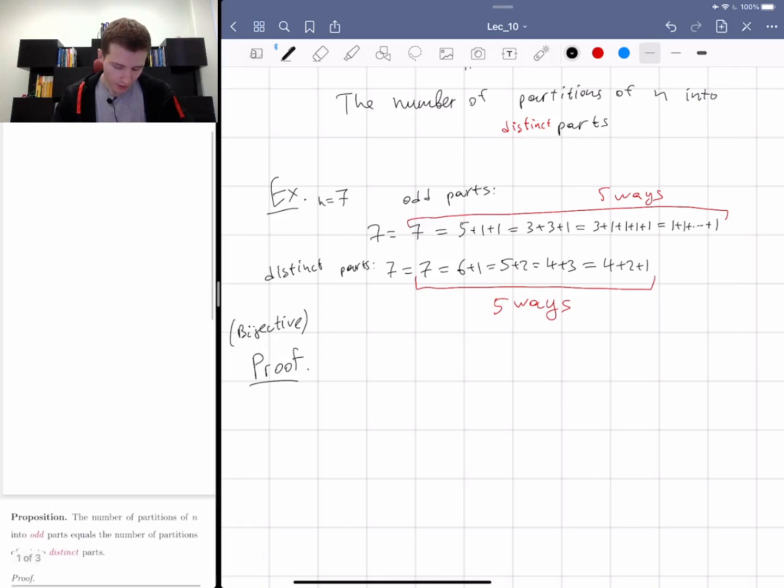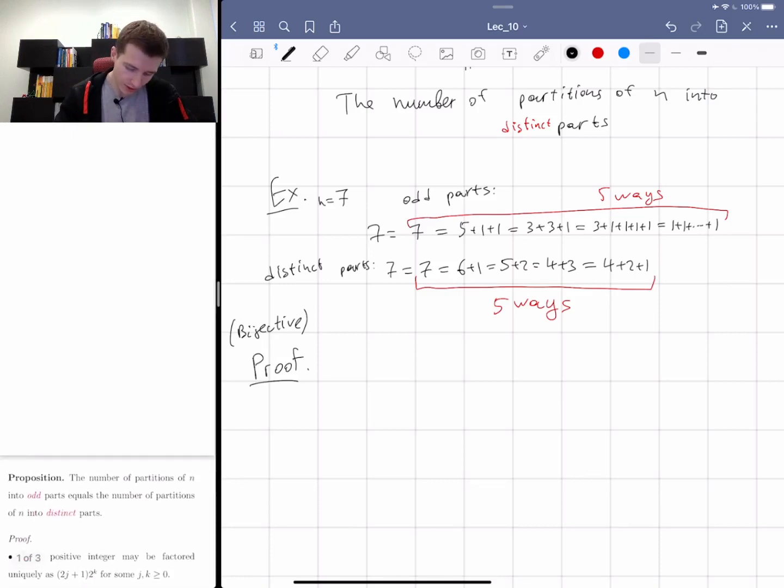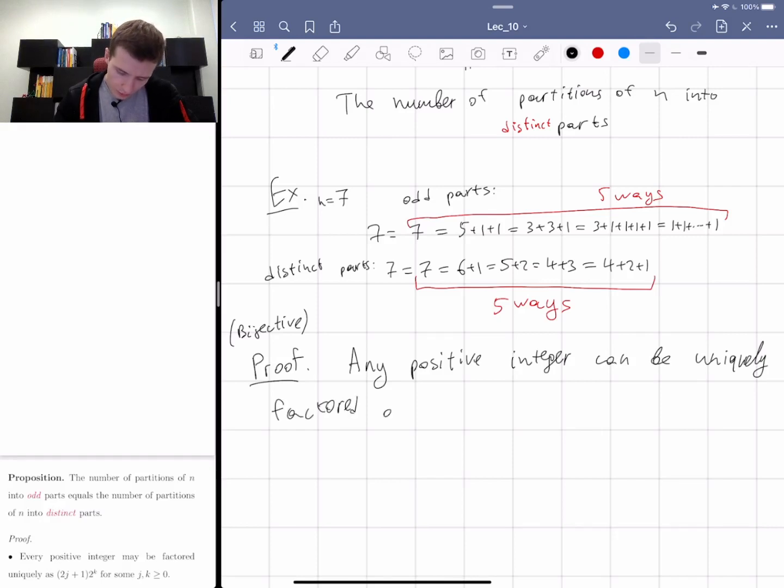So the main observation, which you probably know from high school, is that any positive integer can be uniquely factored as a product of an odd integer times a power of 2.